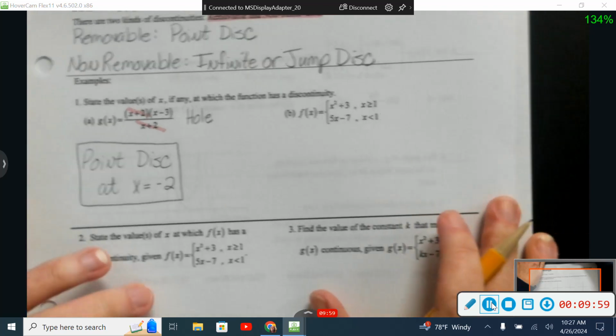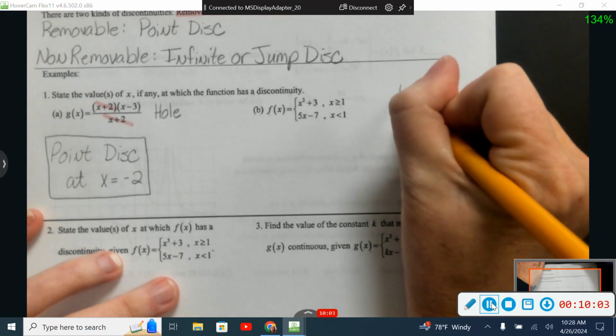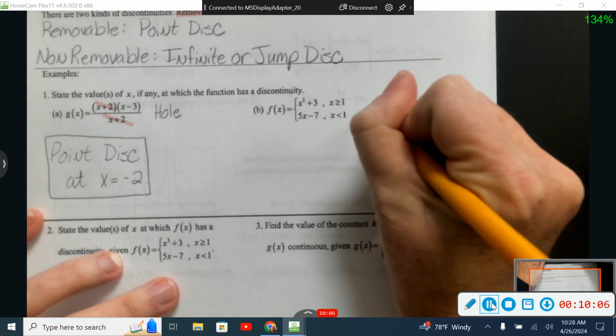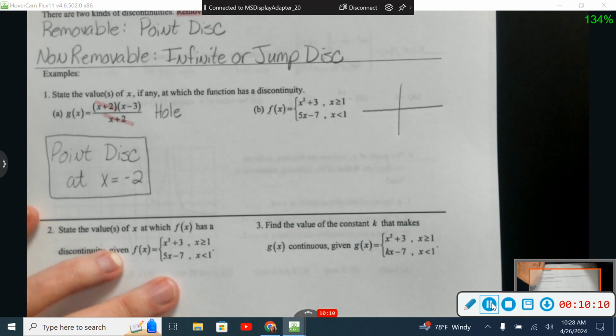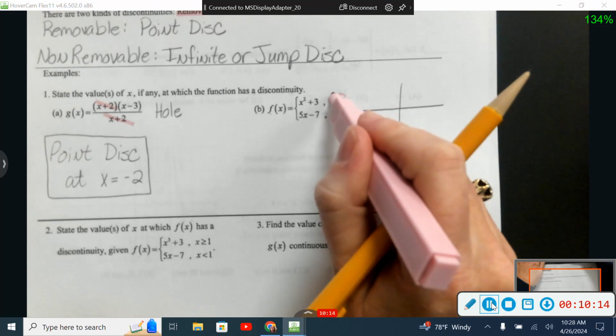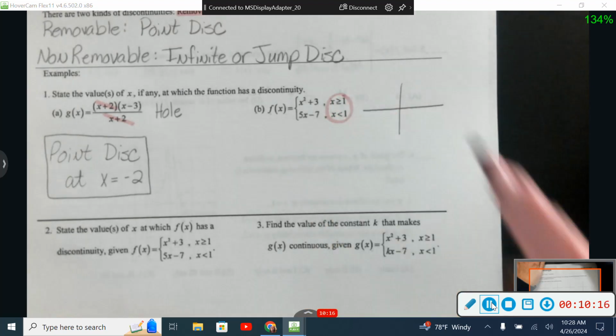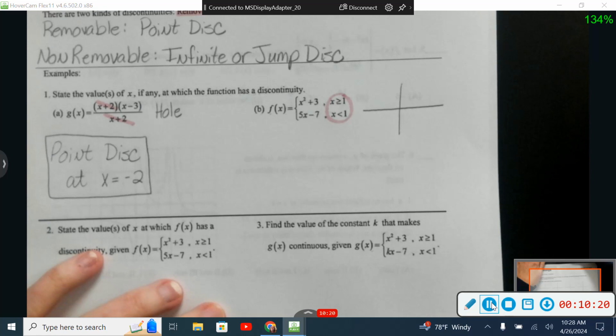Okay, let's jump over here and look at a piecewise function. It may have been a little while since you worked a piecewise function, so let's take a look at that for just a minute. All right, with my piecewise function, I'm going to start with this x value right here. Even though one of them says equal to and one of them doesn't, I'm going to start with what's happening at that x value right there.